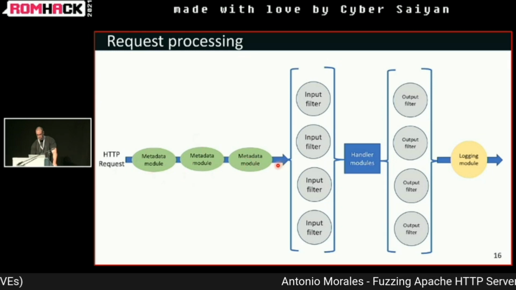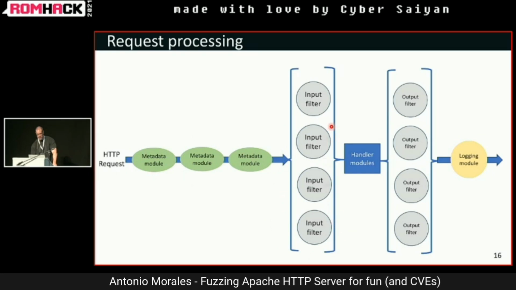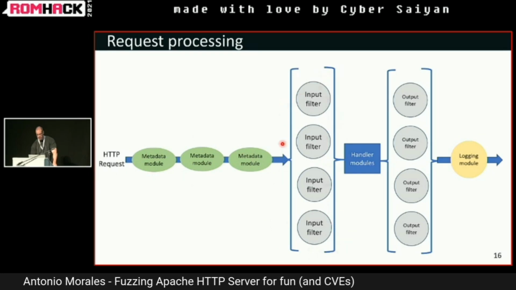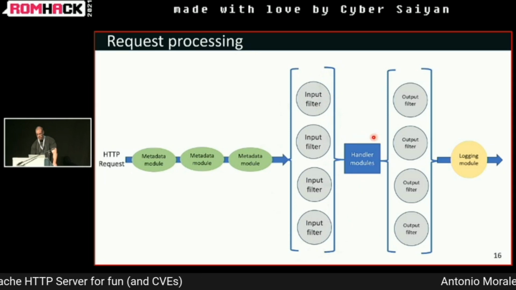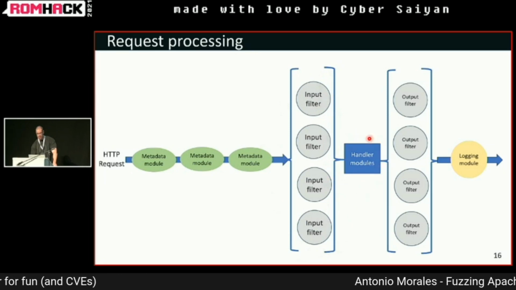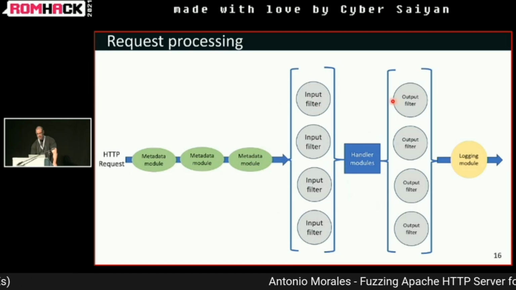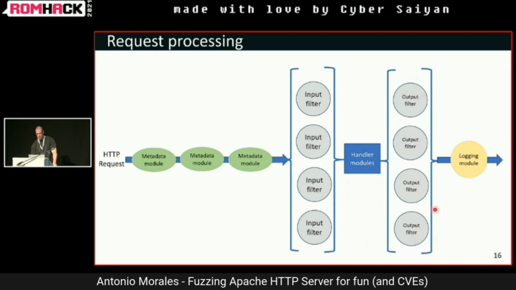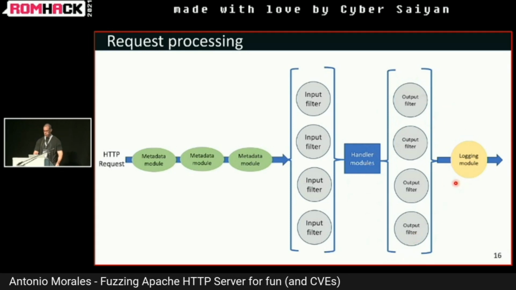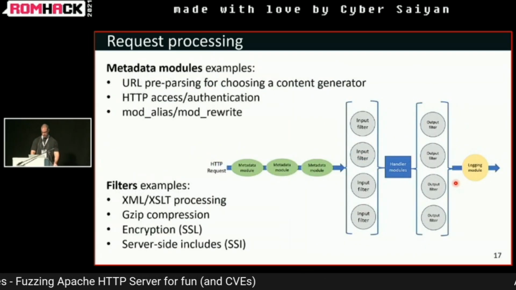Then the output of the metadata modules will be processed by the input filters. After this, the request is processed by the handler modules and by the output filters. The last stage is the execution of the logging modules.